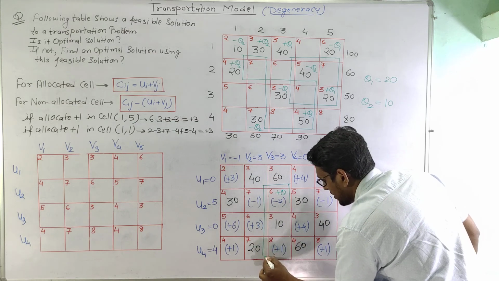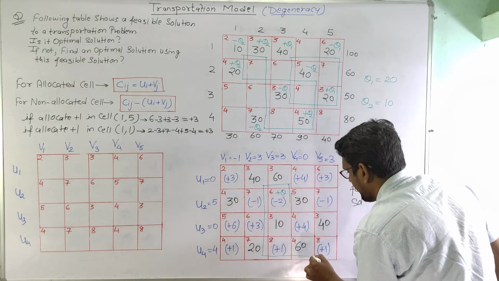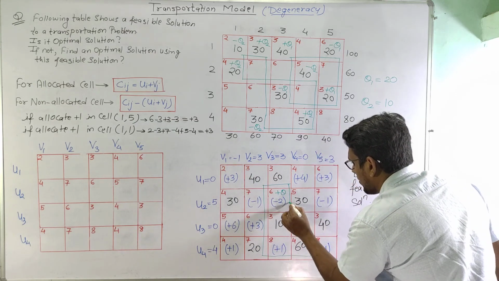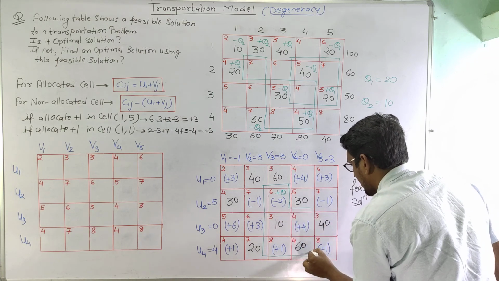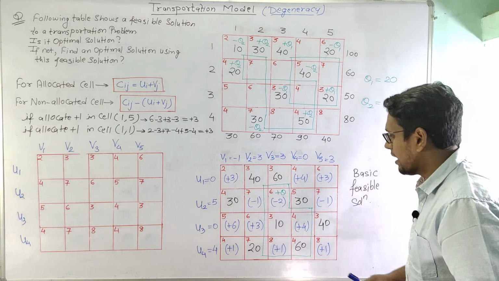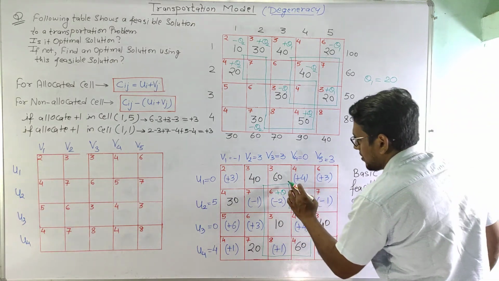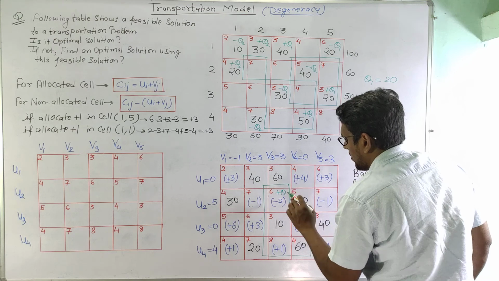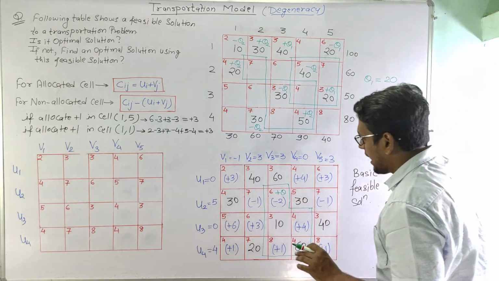We need to identify the loop, that is more important. So here it is forming a loop, and now we need to balance the supply and demand.